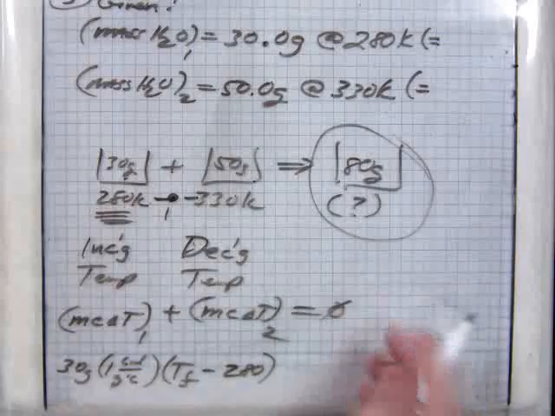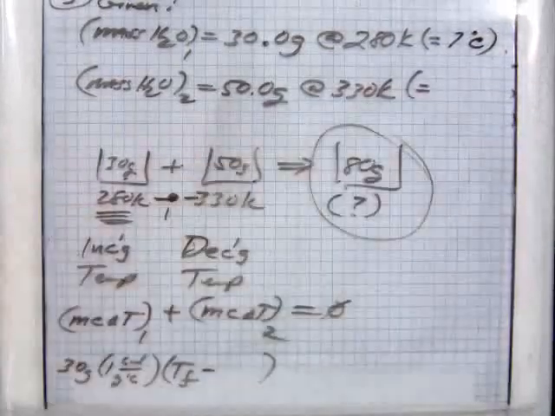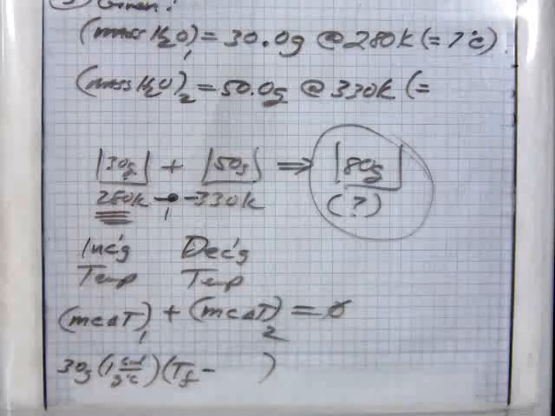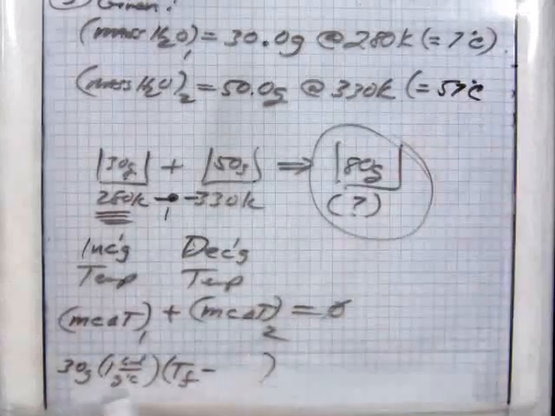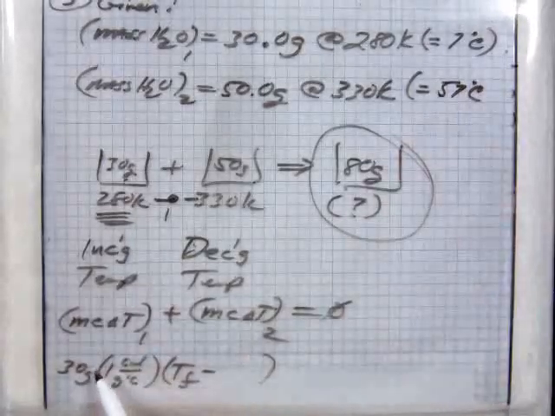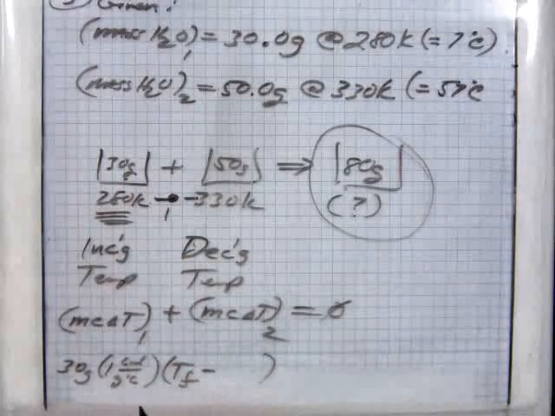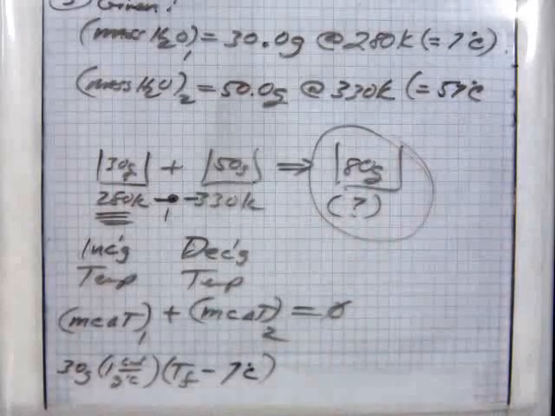That's 7 degrees. And then 330 is 57 degrees C. Okay, so in the first one, the low temperature is increasing from 7 degrees C to T final.